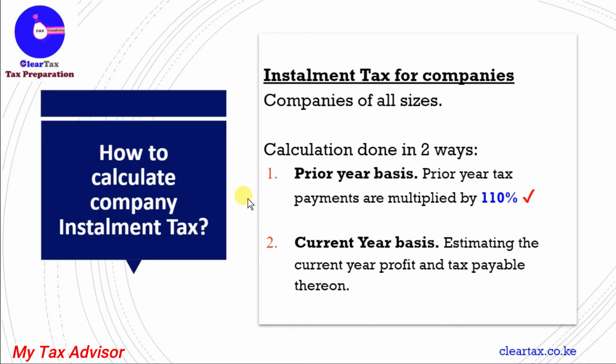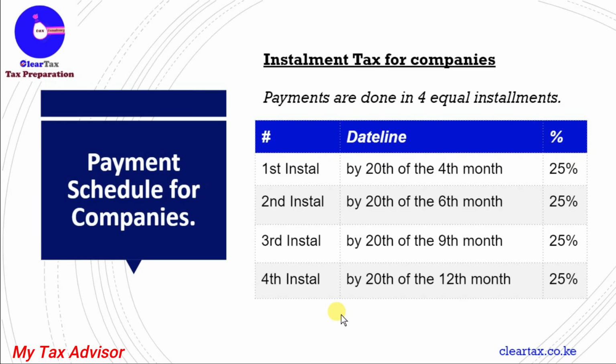Now, calculation of company is still the same. You take the prior year basis, multiply by 110%, plus the budgeted income and the budgeted tax for the year, then you take the lesser of the two. Again, the payment schedule is the same for companies and for individuals. All right, so it's gonna be the first schedule, the second schedule, the fourth schedule, and so on and so forth. However, companies have different accounting periods.